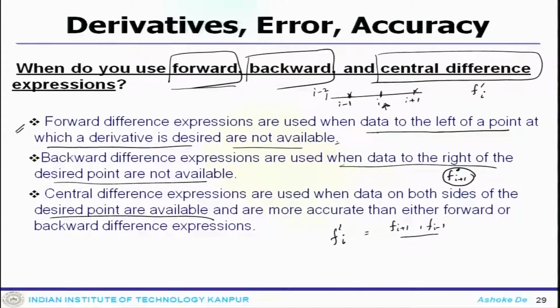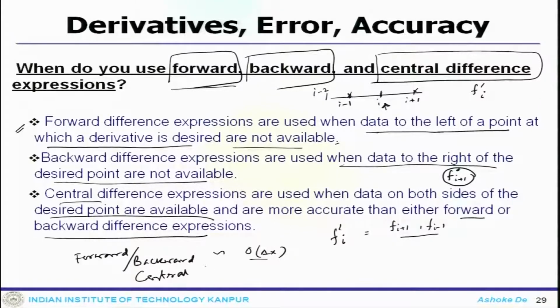And as we have mentioned, the central difference scheme would always be higher order accurate compared to forward or backward difference systems, because the forward scheme or backward scheme is a first order accurate system. This is the highest order truncation term sitting when you do the Taylor series expression and get the approximated derivative, whereas the central scheme is second order accurate.